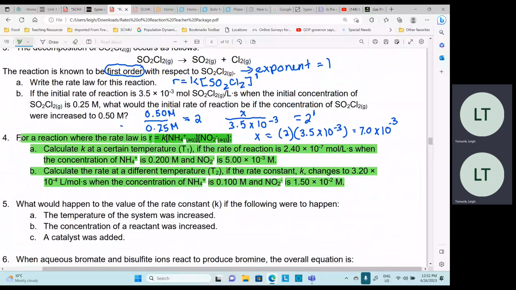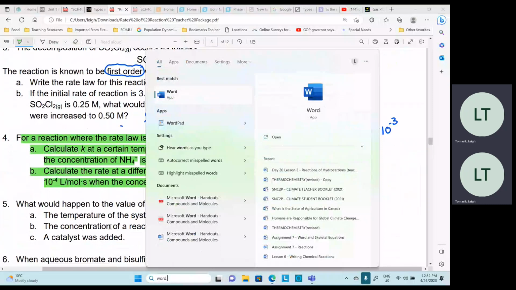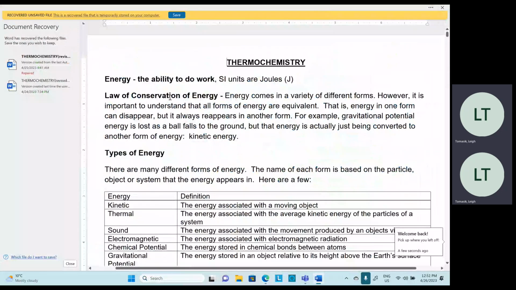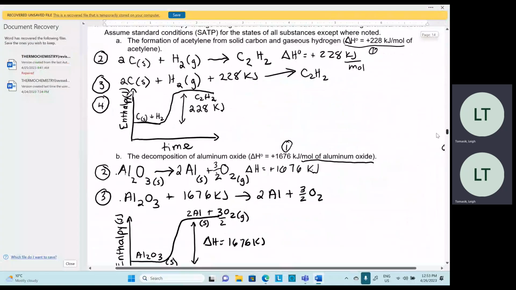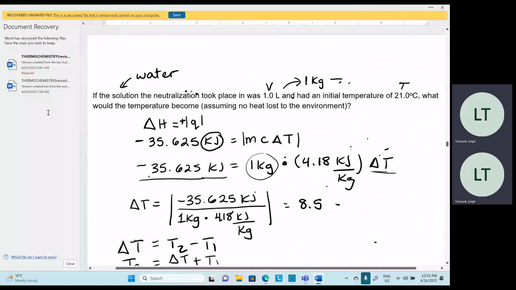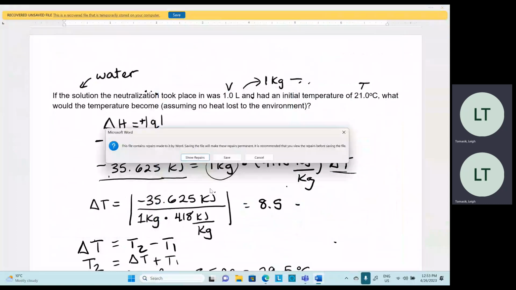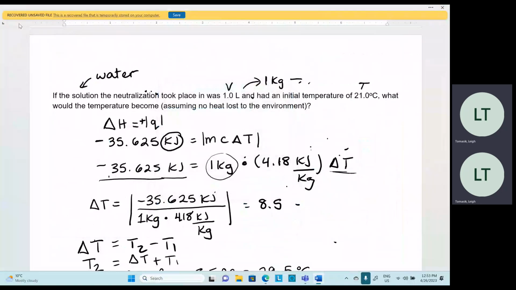Here, this is what I'm going to do. I'm going to open a Word document. Oh, here it is. I'm going to go into my Word. No, this is thermochemistry. We need not thermochemistry. Or close thermochemistry. We'll do it out later. Okay.